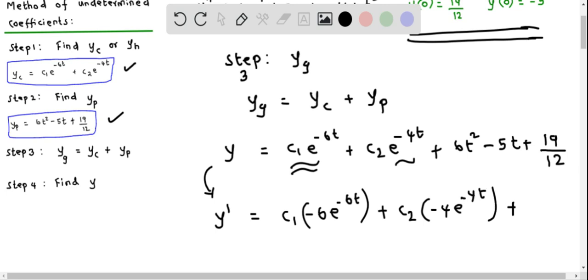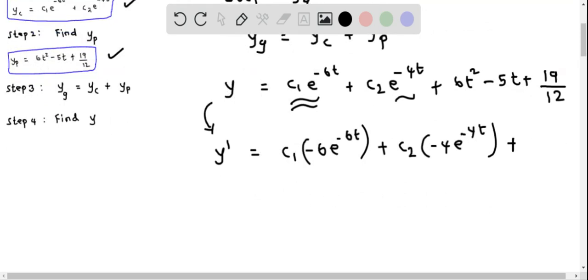Then we find the derivative of the quadratic terms: the derivative of 6t squared is, using the power rule, 12t, minus the derivative of 5t, which is 5 times 1, which is 5, and the derivative of the constant is 0. So basically we got this expression, y prime equals the expression on the right side.